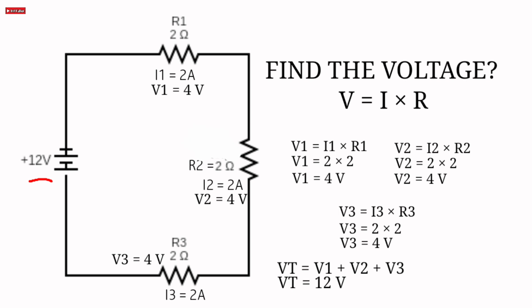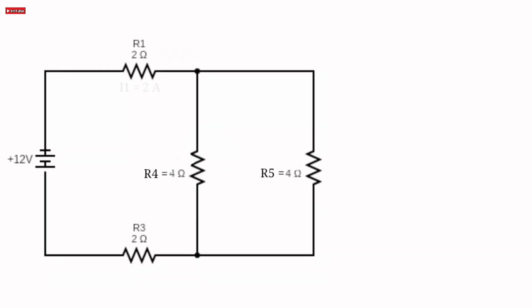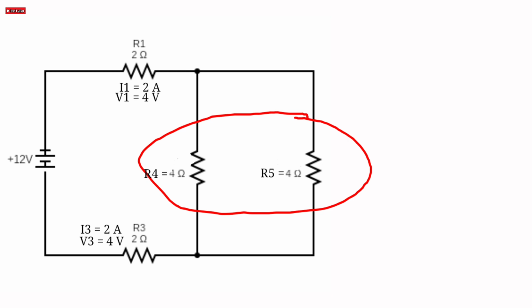So let's go back to our previous diagram. We know already that the current through R1 is 2 amperes and the voltage across R1 is 4 volts. And we also know that the current through R3 is 2 amperes and the voltage across R3 is 4 volts. Now, let's try to solve for these two resistors.